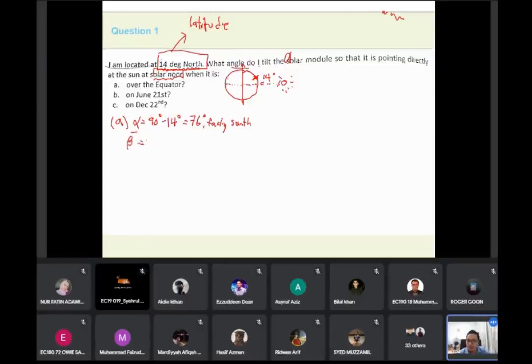So how? 180 minus 90, 90 plus 76, which is the same value as the 14. Facing to the south. Okay lah, senang lah. Okay, B.